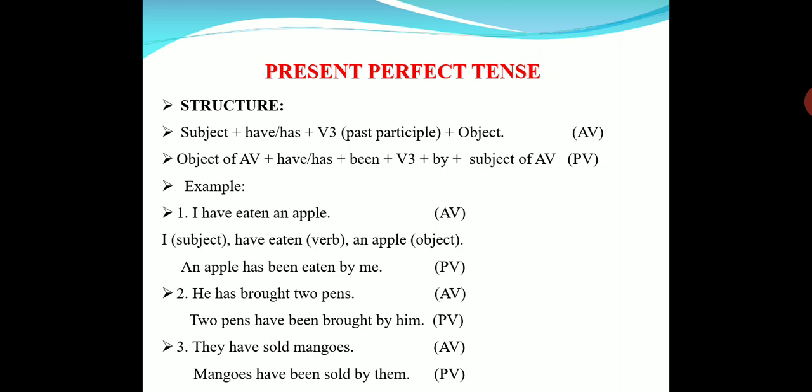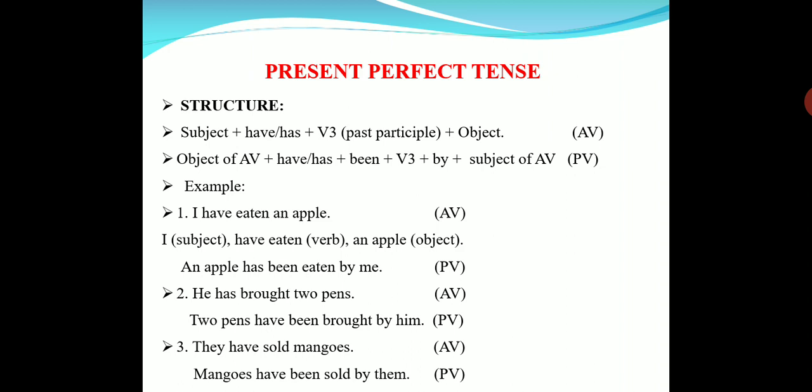Okay, next, let us see some more examples. He has brought 2 pens. What is the subject? He. Has brought is the verb. What is the main verb? Bring. In perfect tenses, there is no problem of V3. Already V3 will be there in the sentence, so we need not bother about it. The same verb we can carry in passive voice. Next, 2 pens is the object.